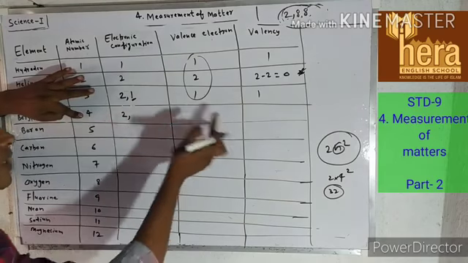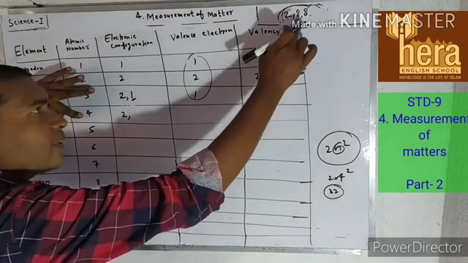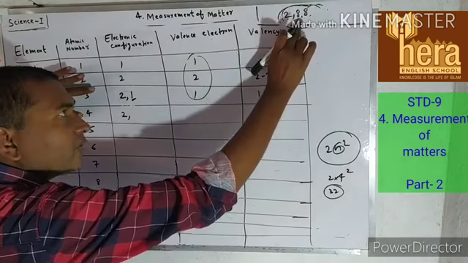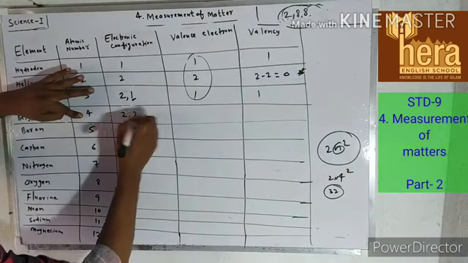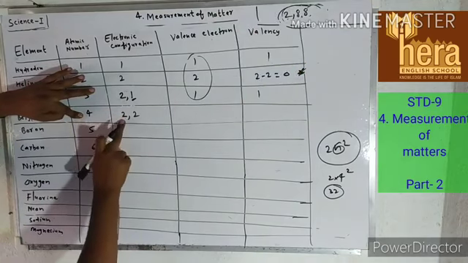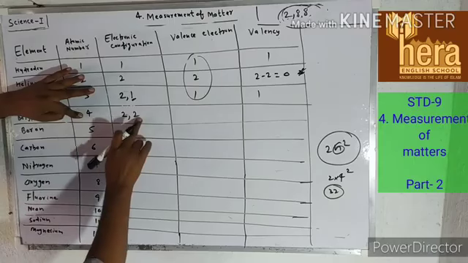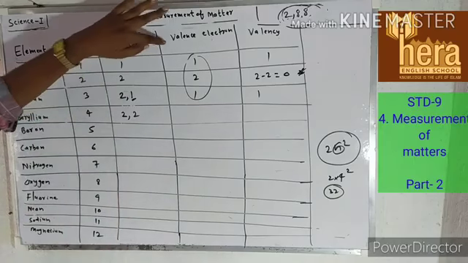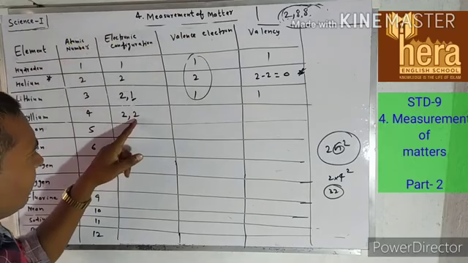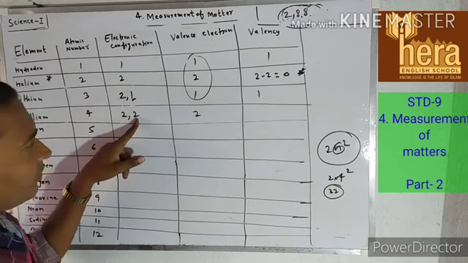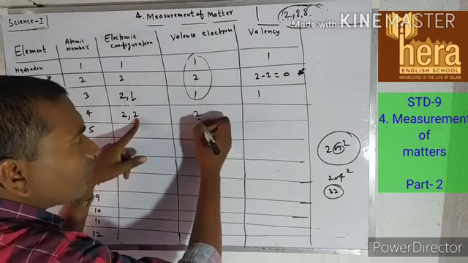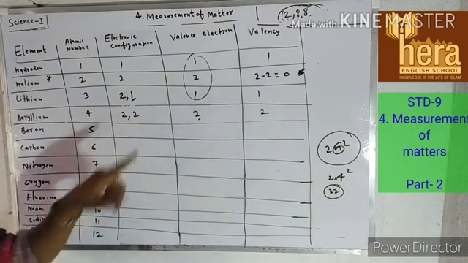So 2 will be remaining. The capacity of the second orbit is 8 electrons, but here is still only 2 electrons, because in first orbit 2 electrons, in second orbit again 2 electrons. 2 plus 2 is 4. This represents valence electron 2. Valency will be 2.